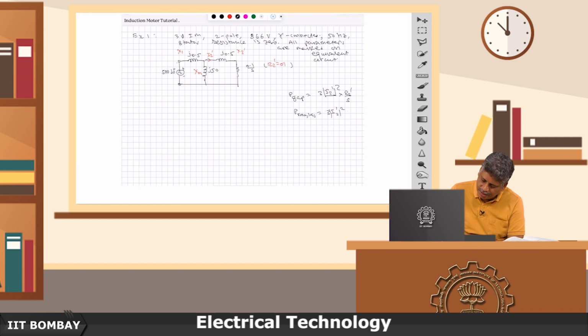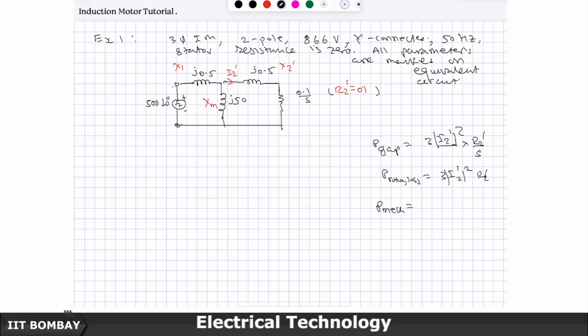The power available for doing mechanical work is 3 I2 dash squared R2 dash by S minus 3 I2 dash squared R2 dash, because everything is balanced and the loss per phase is the same.